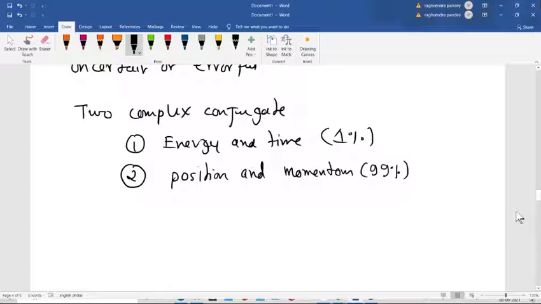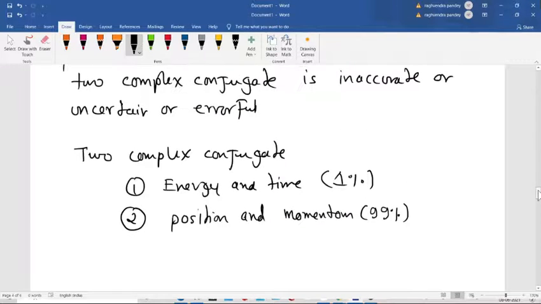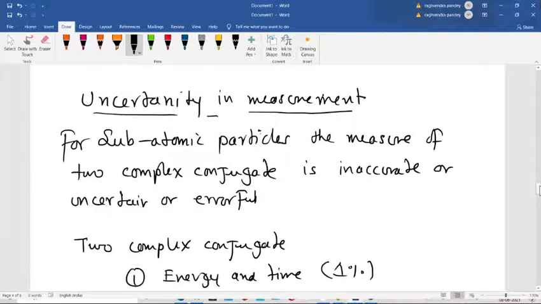That is what I am explaining. So let's take position and momentum as the complex conjugate. This uncertainty in measurement was given by Heisenberg. I forgot the scientist's name.